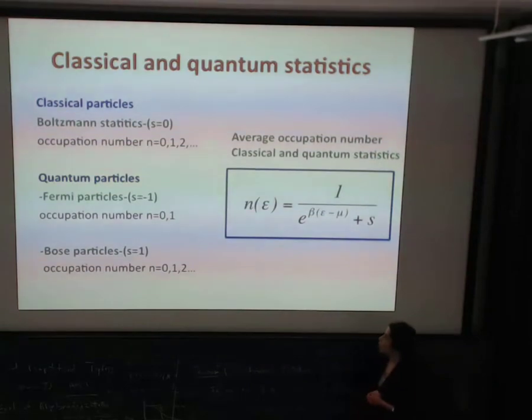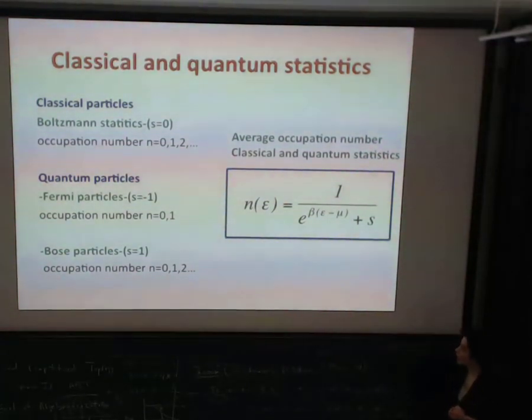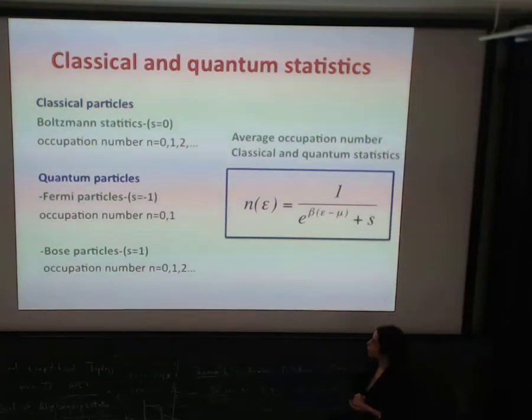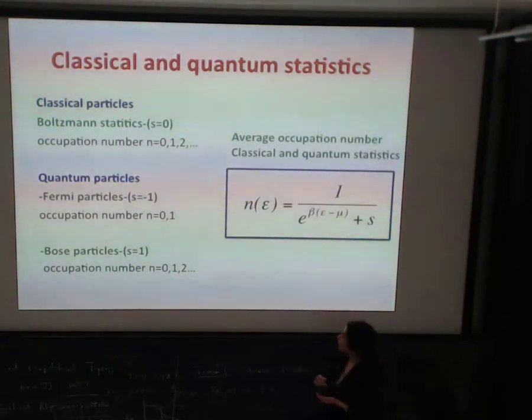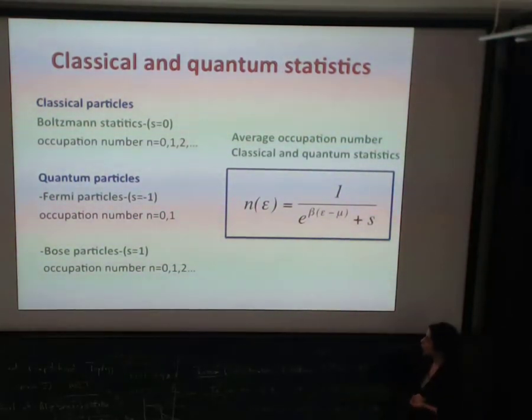But in a quantum world, the particles are really distinguished between Fermi particles and Bose particles. The Fermi particles satisfy the exclusion principle, so any energy level can be occupied by 0 or 1 particle. The Bose particles instead do not have an exclusion rule. And the average of this occupation follows this quantum statistics, classical and quantum statistics, as a function of epsilon. And mu here is a chemical potential which is fixed by the conservation of the number of particles in the gas.